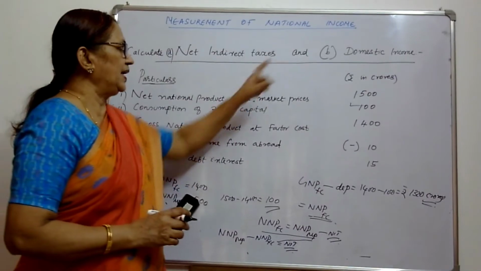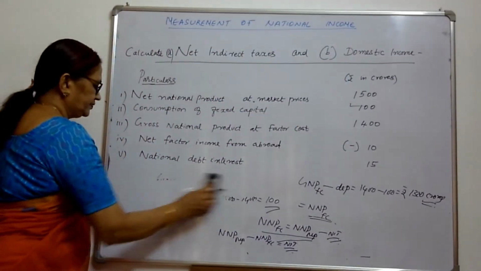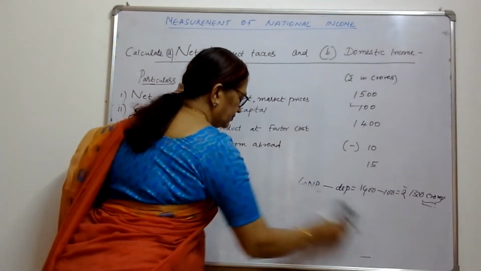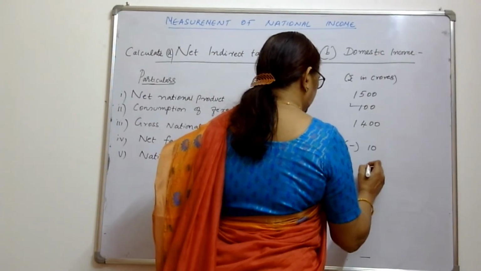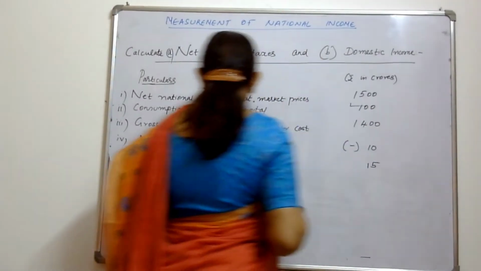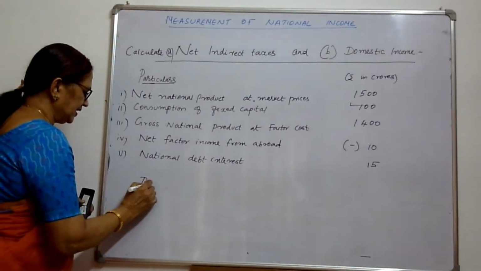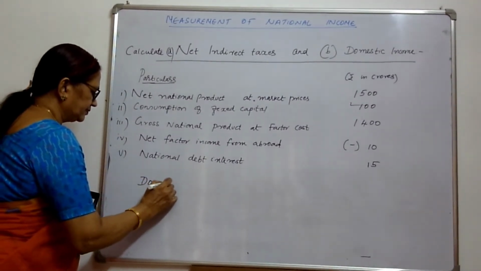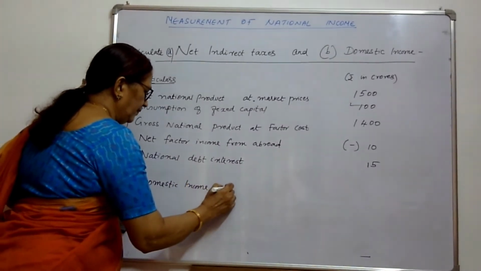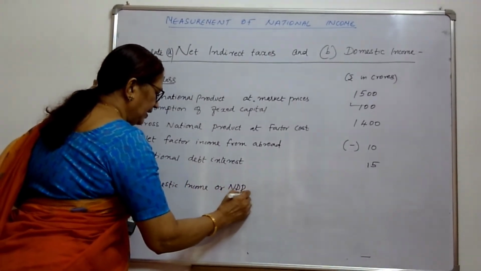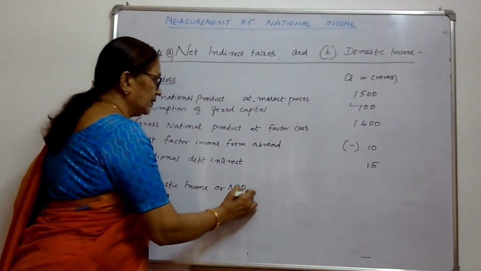Next, we are going to calculate domestic income, or NDP at factor cost. That is what we are going to calculate next.